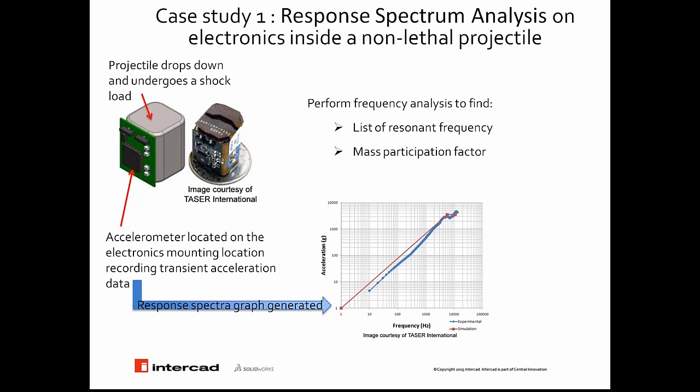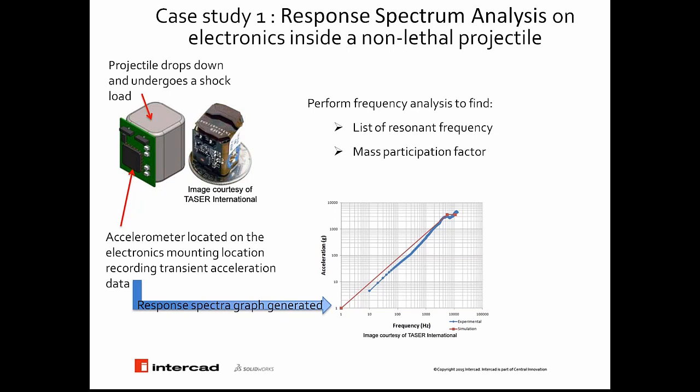We want more than 80% of the mass of the system to contribute in vibration. In that case, we can guarantee that all important modes of vibration are incorporated into our study and the maximum response is correctly calculated.